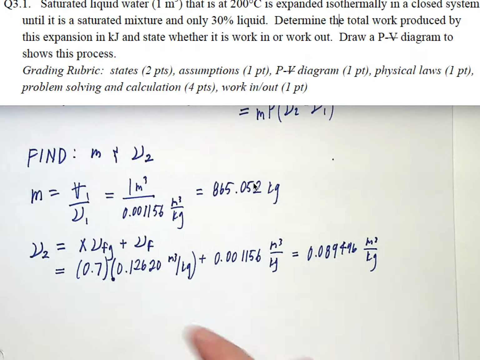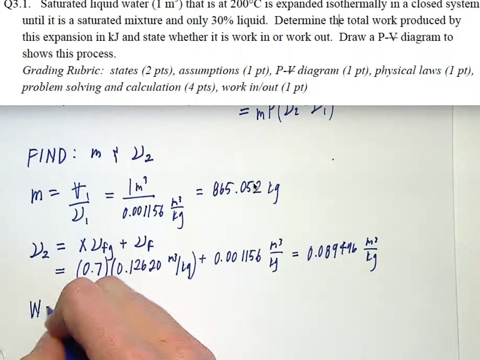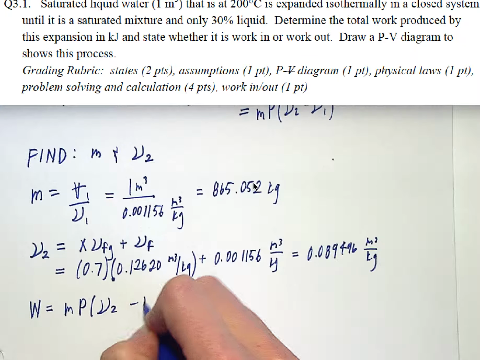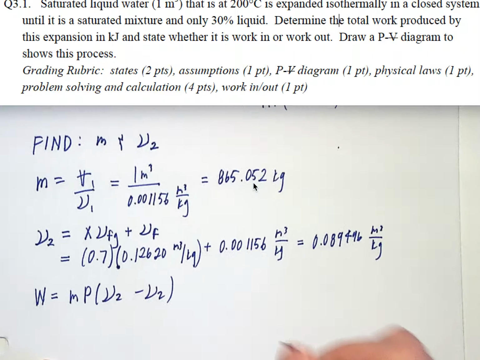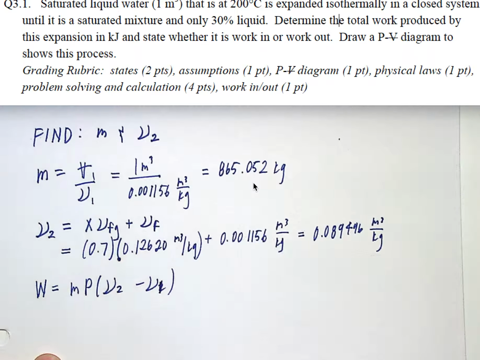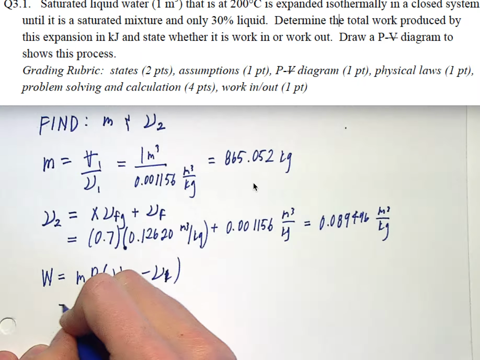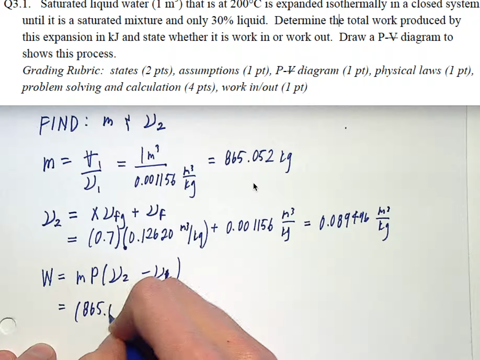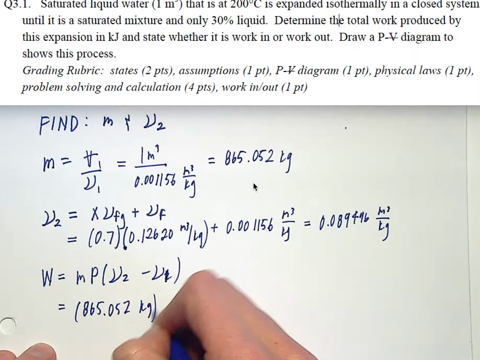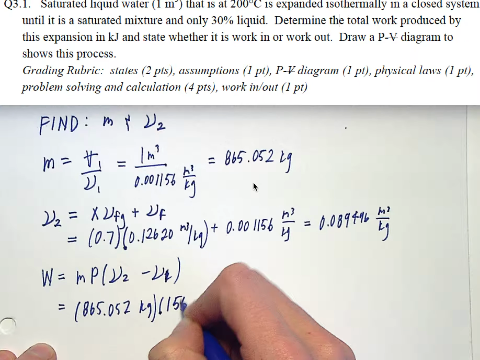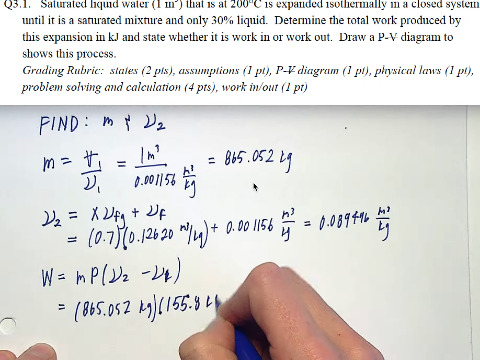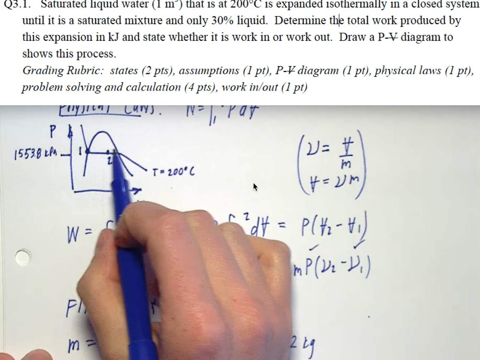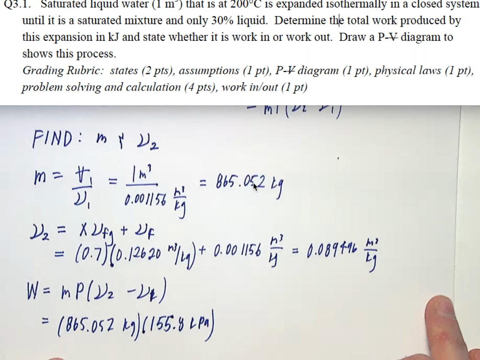So now we have everything we need to find boundary work. So we're just going to plug in all of those things we either calculated or looked up in tables and find our boundary work. So we have 865.052 kilograms. Our pressure is our saturation pressure, constant because it is right on this constant saturation line under the curve.